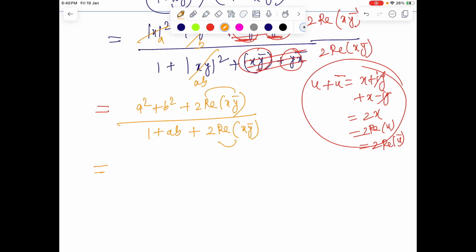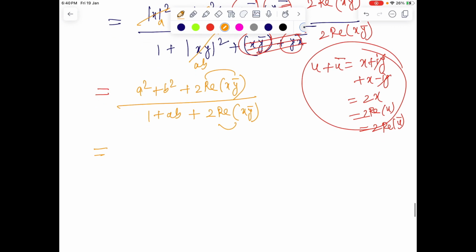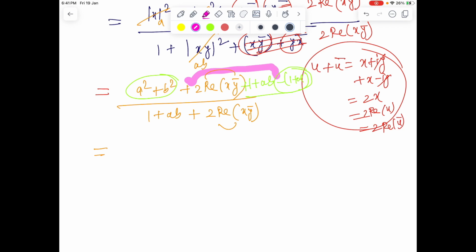This you can still manipulate a little bit. If you add and subtract 1, because you can see 2 real part of x y bar is common, I can write this in some cool form. So you add 1 plus a square b square in the numerator and subtract it. Then a square plus b square, 1 minus 1 minus a square b square is left together, and this quantity till here will cancel this.